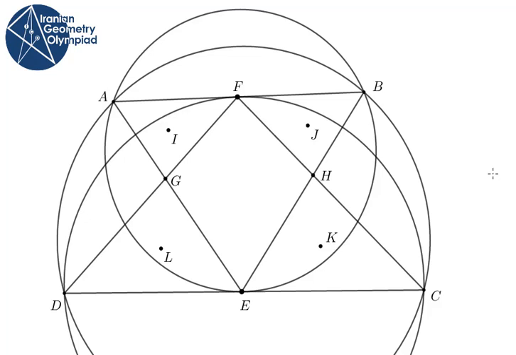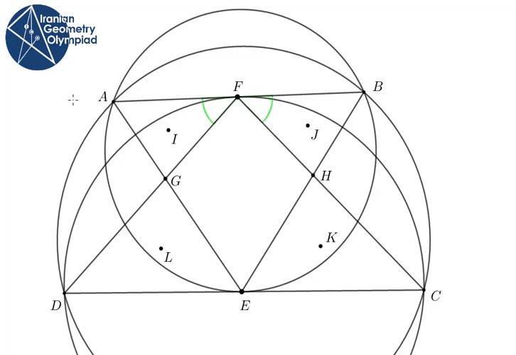If in quadrilateral ABCD, lines AB and DC are parallel, then this arc FC is equal to this arc FD. And so because this angle is half the arc FC and this angle is half the arc FD, these two angles are equal.